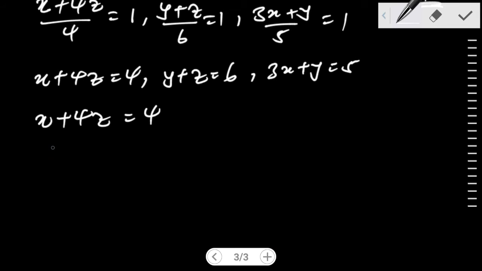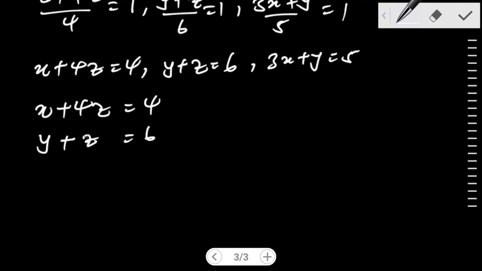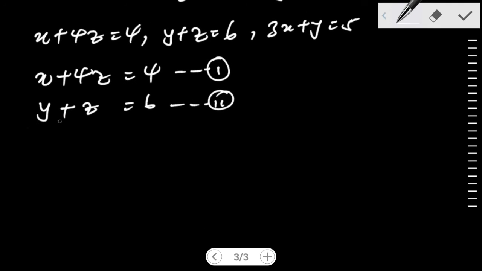I have y plus z equaling 6. Let me take this as 1 and this as 2. I cannot use substitution because I want to eliminate.